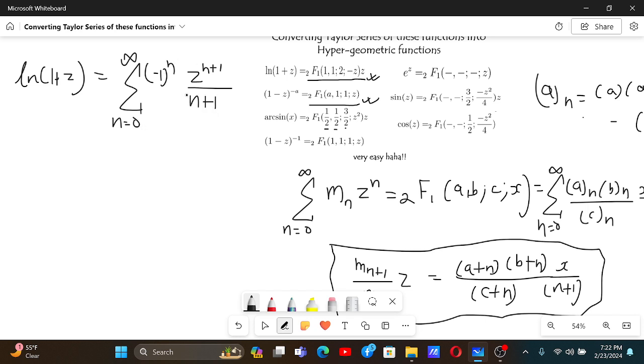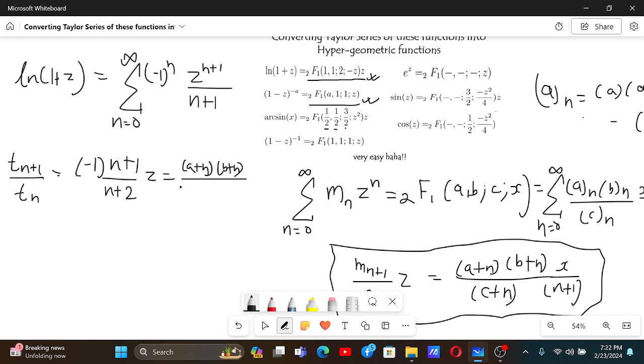Now if we take the ratio t of n plus 1 by t n, what do we get? Minus 1, and then n plus 1 by n plus 2, and then x. And we know that this should be equal to a plus n, b plus n by c plus n plus 1 times x.